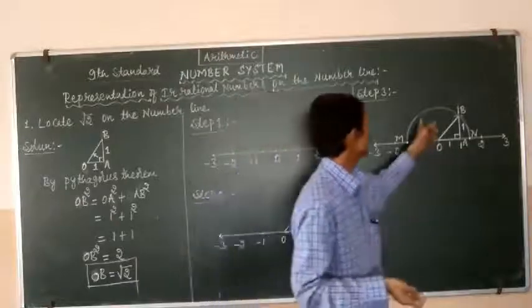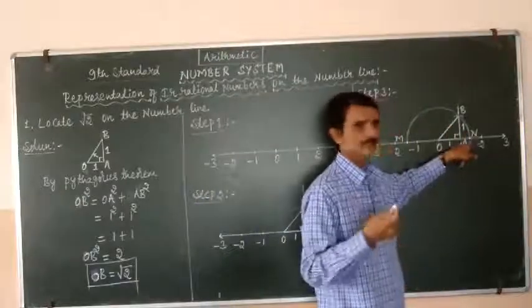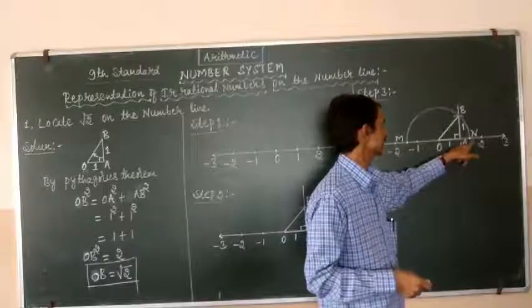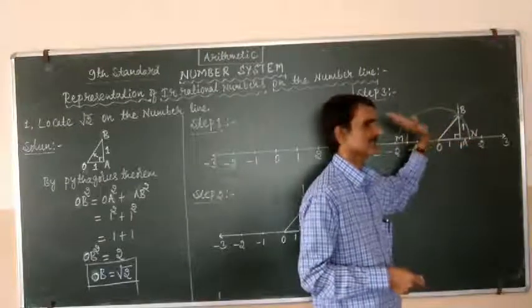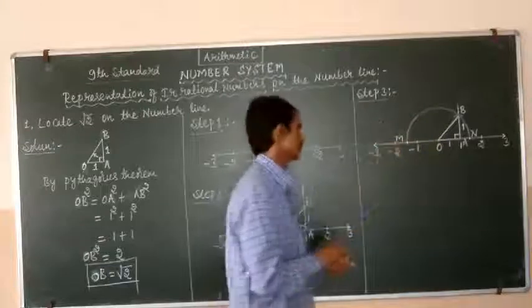Or you can take only the positive value; that means N itself represents the positive value of root 2.